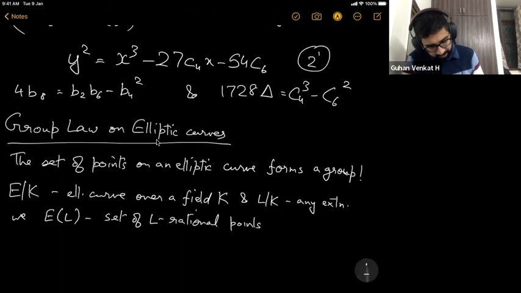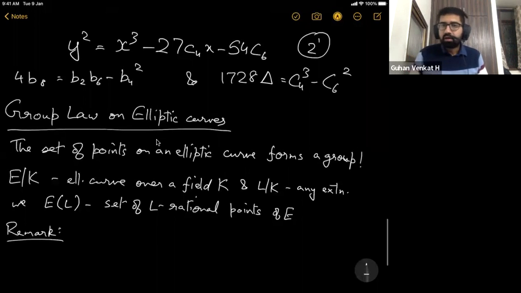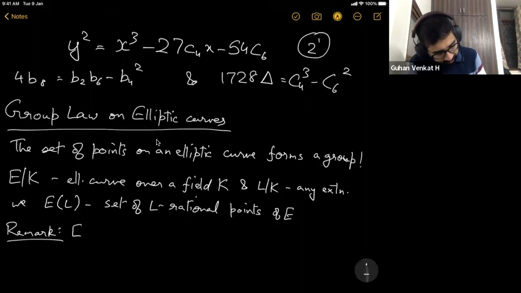Once you have this curve defined over a field K, you can look at extensions of the field, and then ask what points from this field are on the elliptic curve. What we know immediately about this set of L-rational points is that it is non-empty.